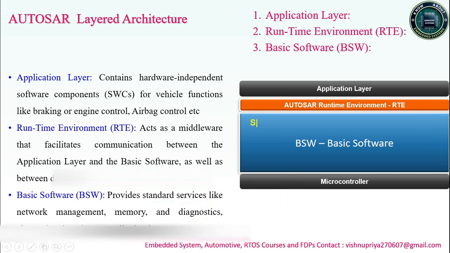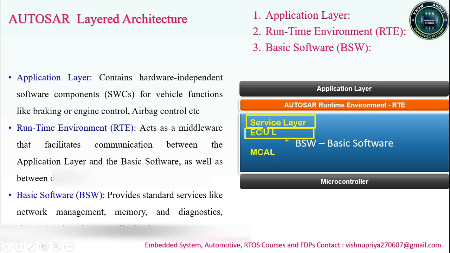The BSW layer is divided into three things again. One is service layer, and then ECUL, then MCAL. Okay, so this BSW, whatever you're seeing, is divided into three separate layers. One is called service layer and one is called ECUL.